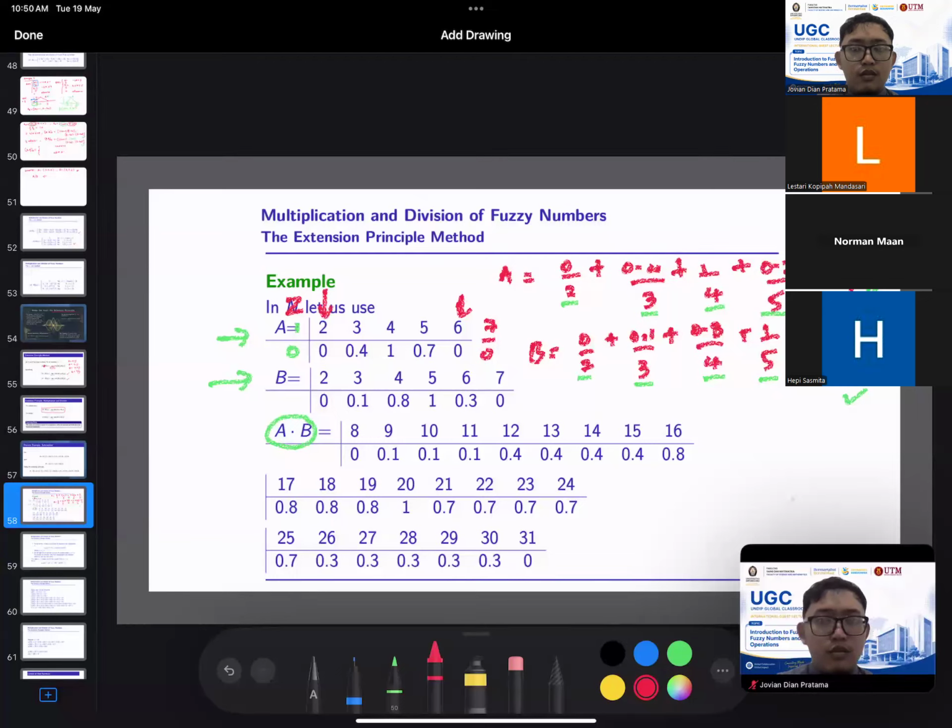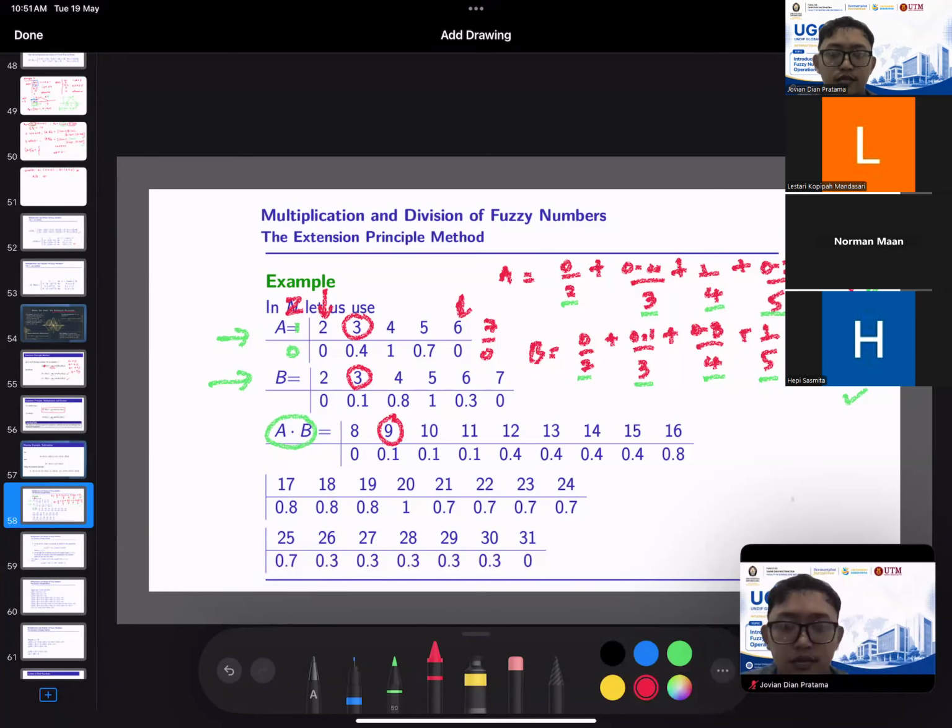And then you can see that the non-zero element of the multiplication of A and B will be when you take 3 and multiply by 3. So you get 9. So you try to identify the boundary first. Then what element of A, when you multiply by an element of B, gives a fuzzy value equal to 1?